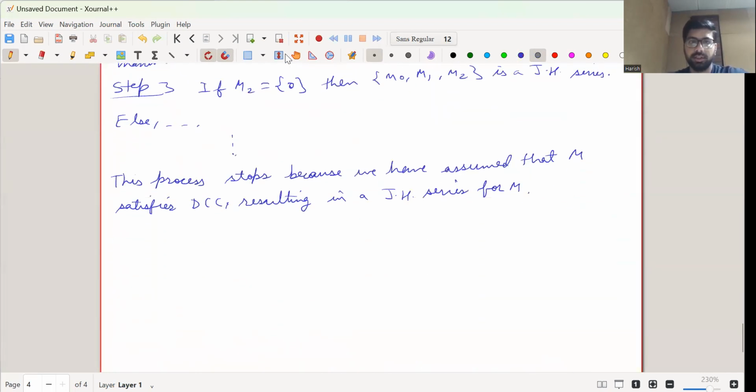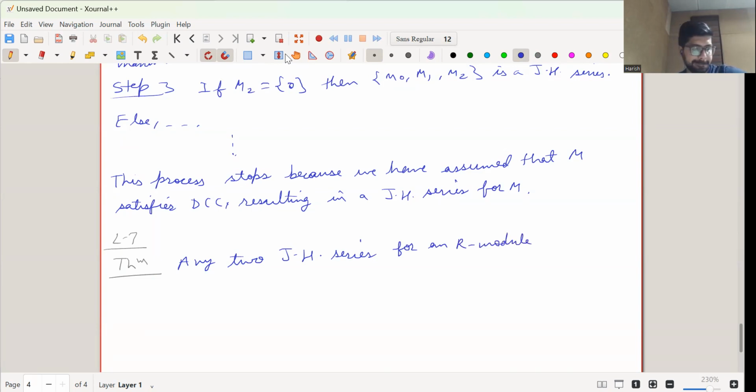So in lecture 7, I will discuss this important theorem, which says that any two Jordan-Hölder series for an R module M are equivalent.